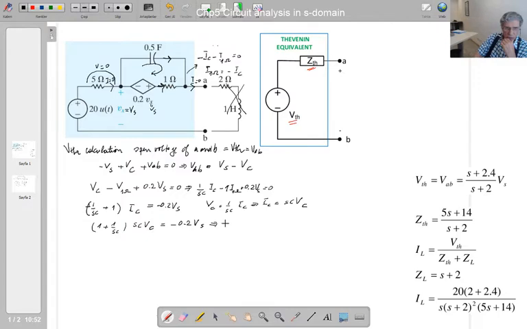If you multiply both sides by minus, you get minus Vs here is equal to 0.2 over 1 plus 1 over SC. C is given here as 0.5 farad, isn't it? So that C here is 0.5 farad.